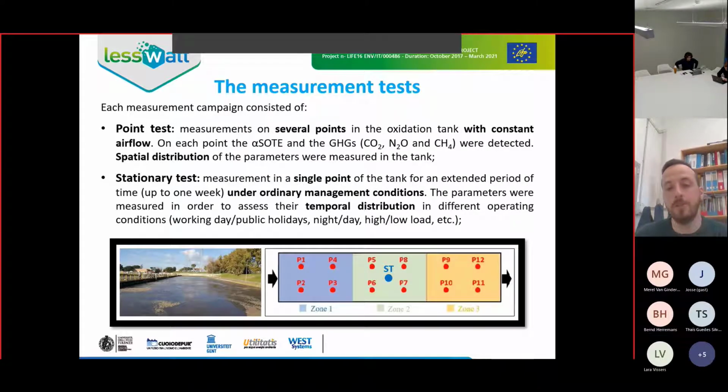In this image, you can see an example of measurement points, that are the red points, during a point test, and 1 point, the blue point in the center of the tank, for the stationary test.